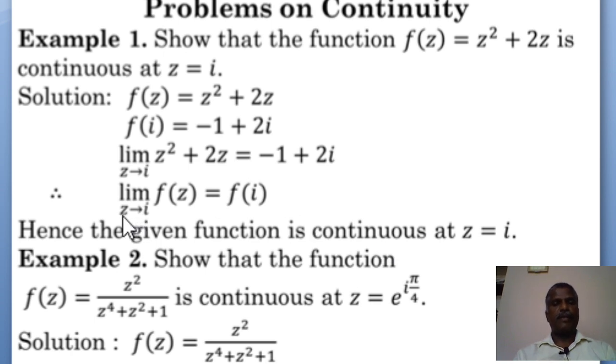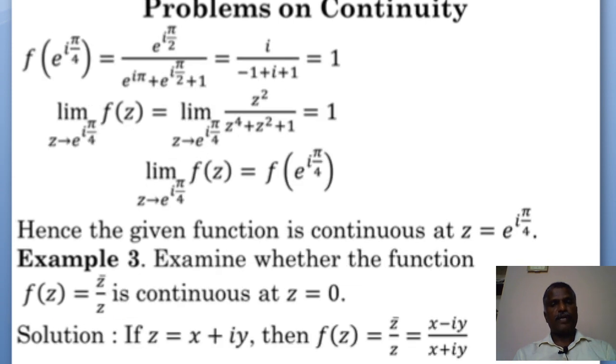Second example: show that the function f(z) = z squared divided by z to the power 4 plus z squared plus 1 is continuous at z = e to the power i pi by 4. At the point e to the power i pi by 4, we find f(e to the power i pi by 4).